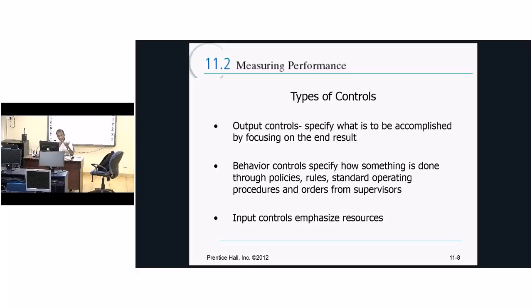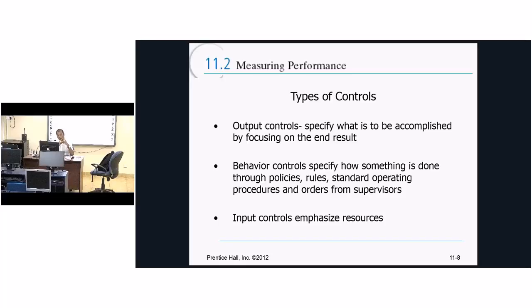One way to measure the input controls is to specify the experience. In order to become a general manager, you need to have 15 years of experience in a similar industry. That's an input control. You need to have a basic degree and a master's degree. Again, people of that caliber will only be able to do this particular job.